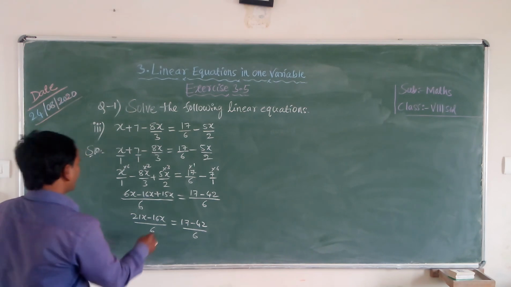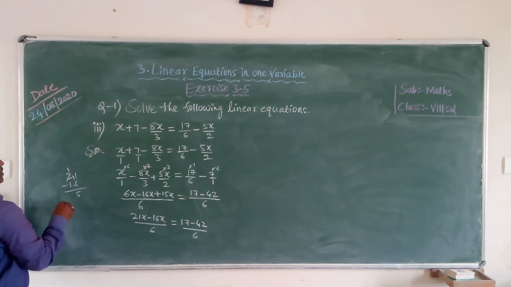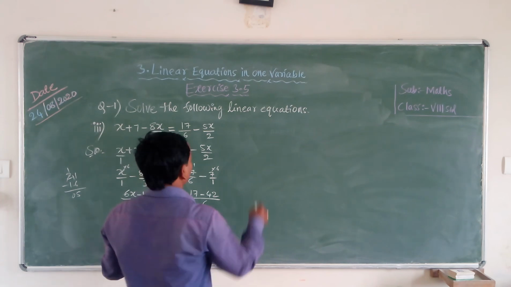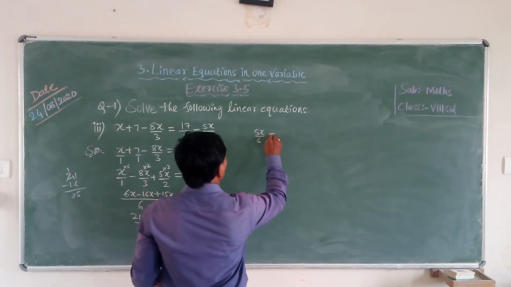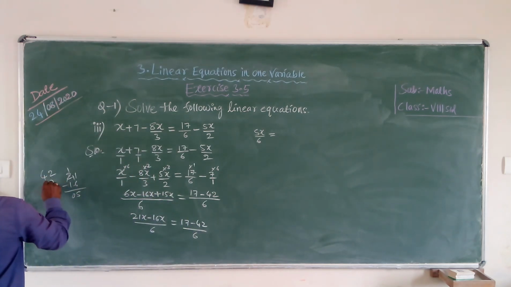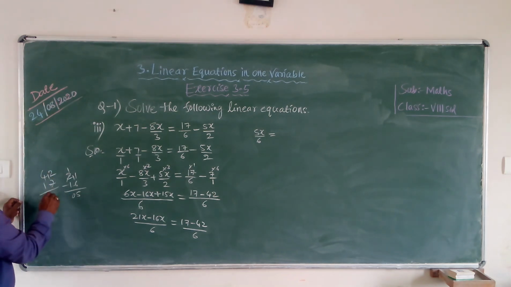Now 21 minus 16 is 5. So 5x by 6 is equal to 17 minus 42.